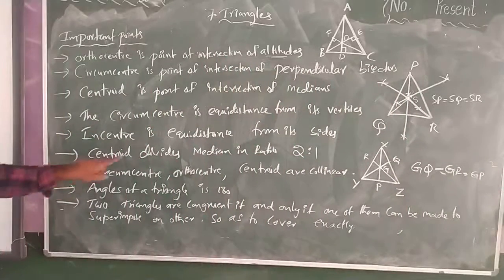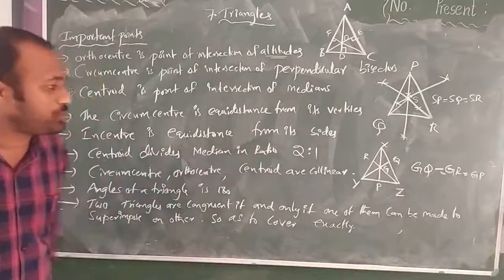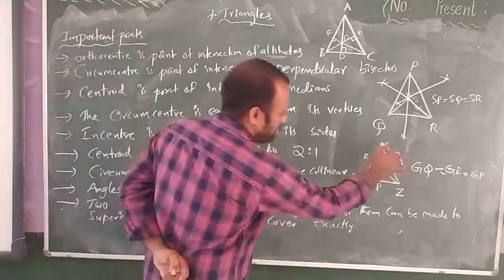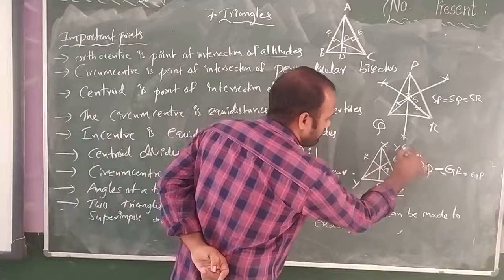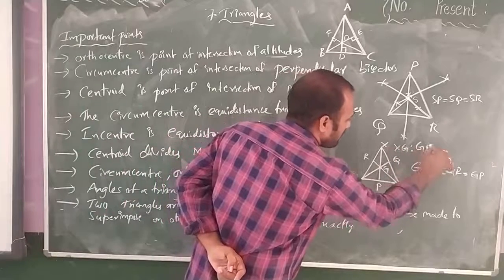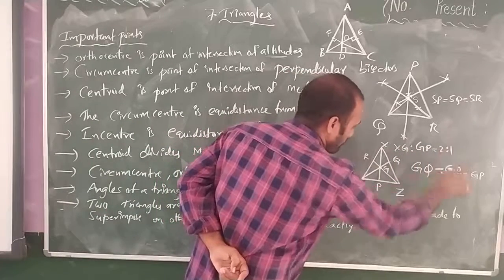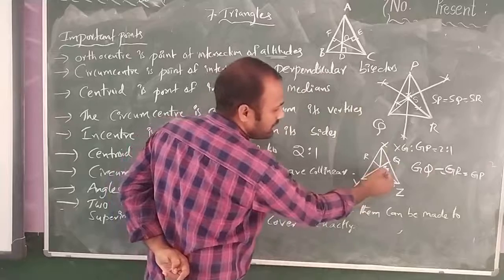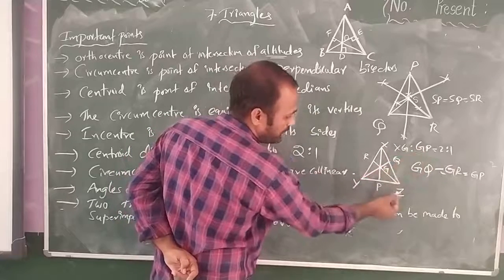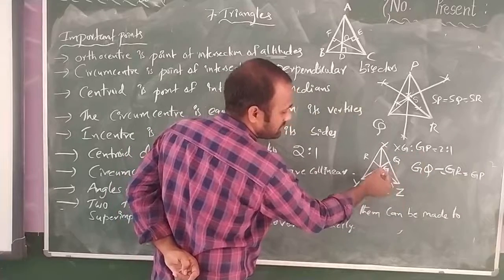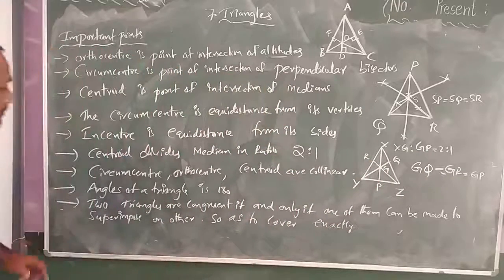Next, the centroid divides the median in the ratio 2:1. It means that XG:GP is equal to 2:1. Not only that, YG:GQ will be 2:1 and ZG:GR will be 2:1.